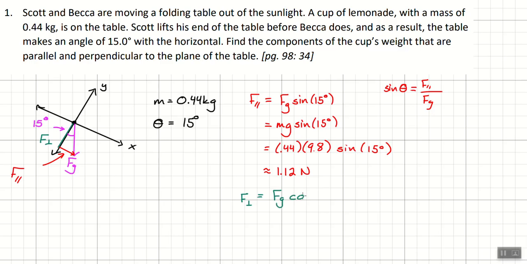FG times the cosine of 15 degrees, which we already know FG is just 0.44 times 9.8 times the cosine of 15 degrees. I personally think this is faster than using the Pythagorean theorem. I don't know what it comes out to, just kidding. I bet it's like 4.17, which is what I think Tully got a second ago.